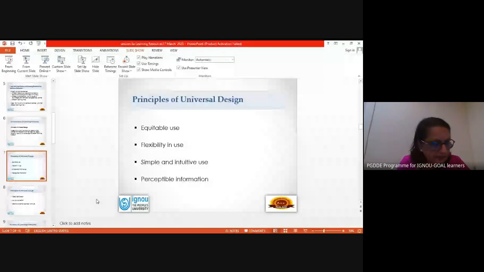So again, in terms of designing, the basic principle is to keep it simple. Let everybody be able to use it. Do not exclude people merely because they are not able to even understand what the principle is all about. Therefore, keep it simple is one of the principles of universal design.